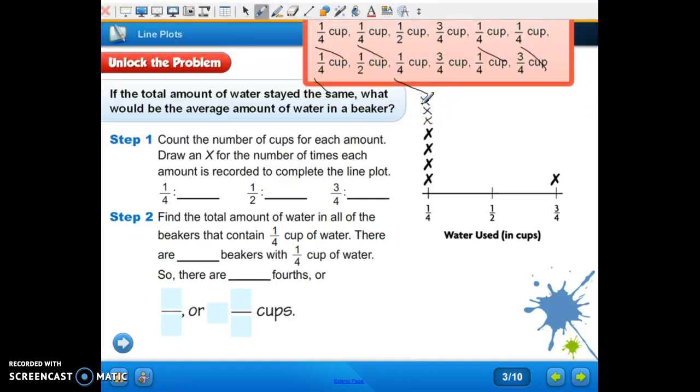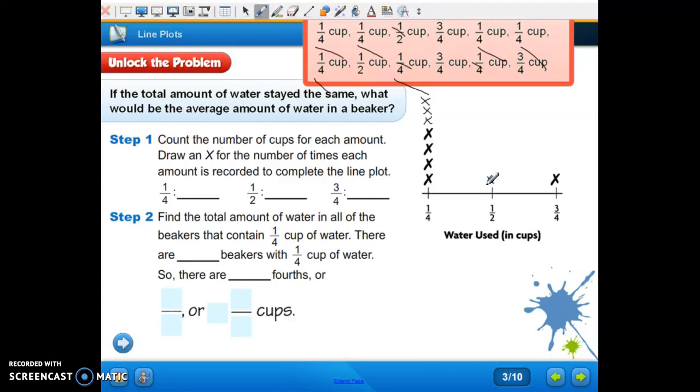Okay? So we've used all our 1/4 cups. What else is in the top row that we need to look at? 1/2. A 1/2 cup. Try to make the X's about the same size as what they did, so that they look kind of even.